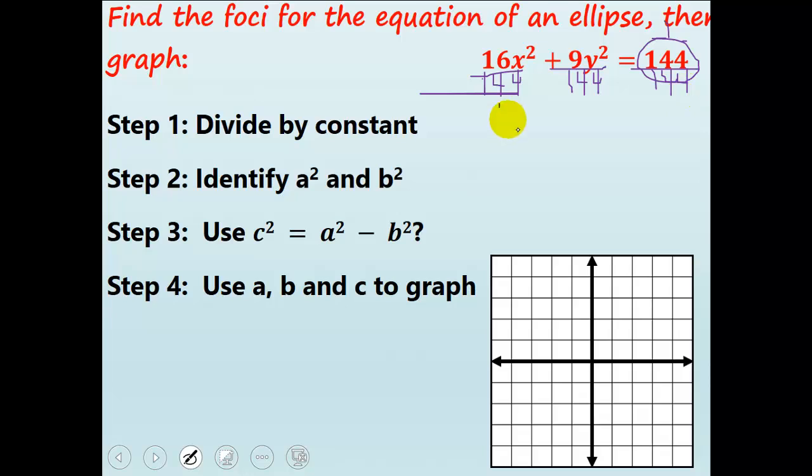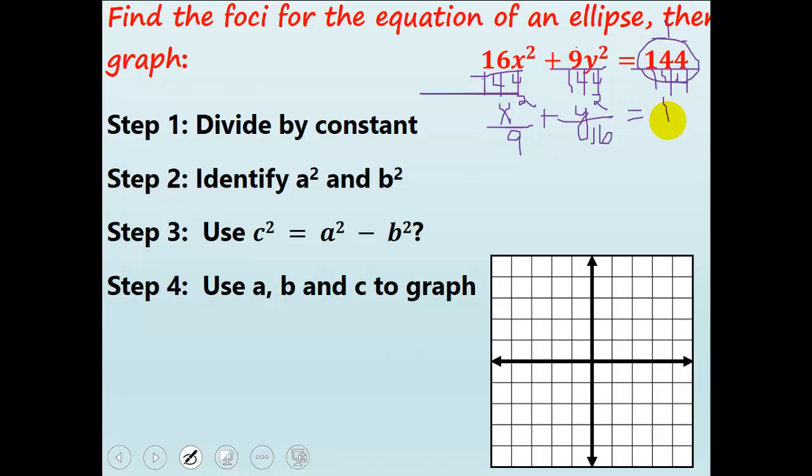So I get x squared over 9. I divided top and bottom by 16. Check that out if you need to. And then I have y squared over 16. I divided top and bottom by 9, is equal to 1.